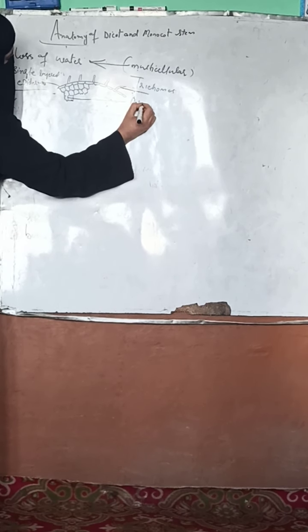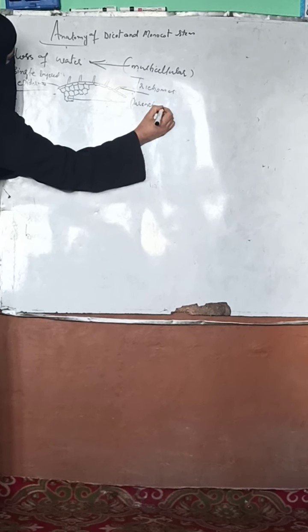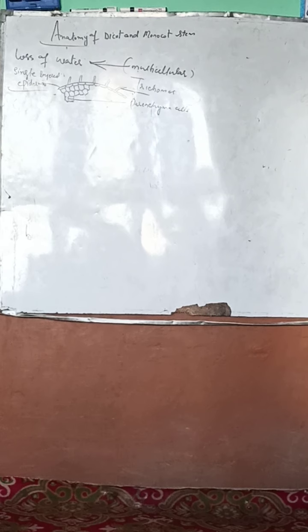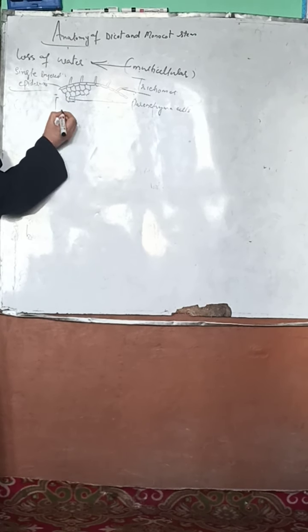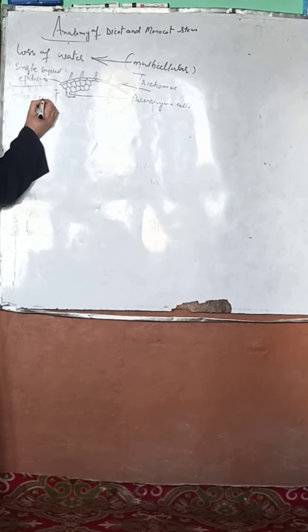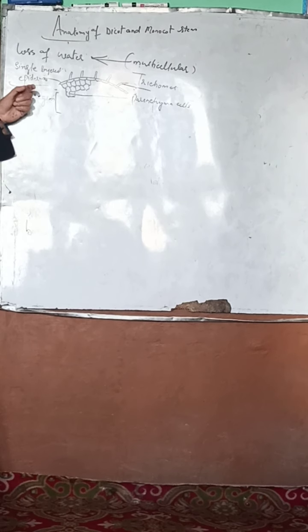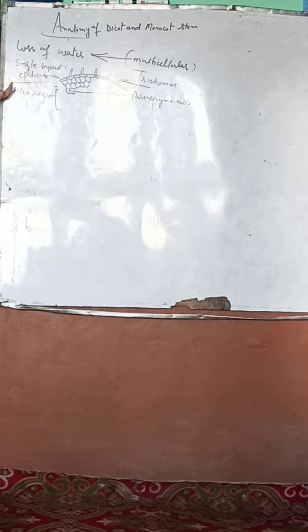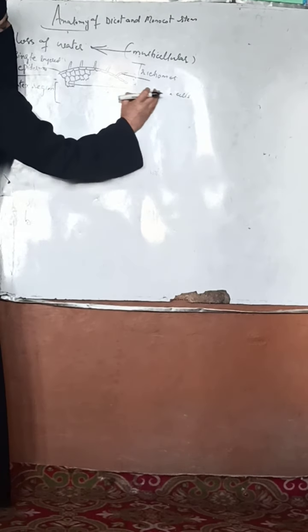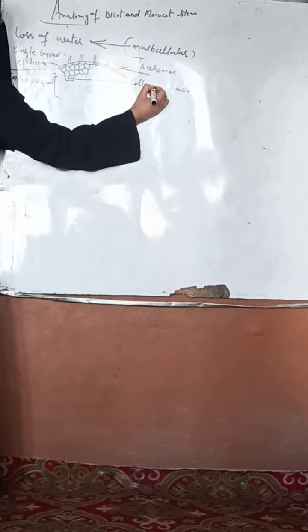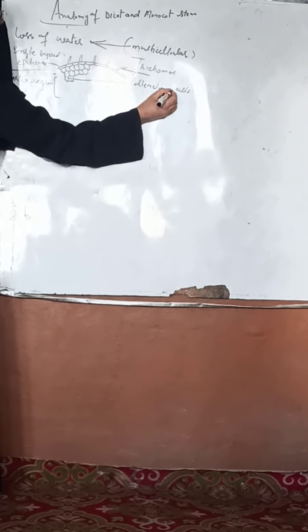These are parenchyma cells, and the region of this is called cortex region. Below the epidermis, these are collenchyma cells. These are not parenchyma cells, these are collenchyma cells.